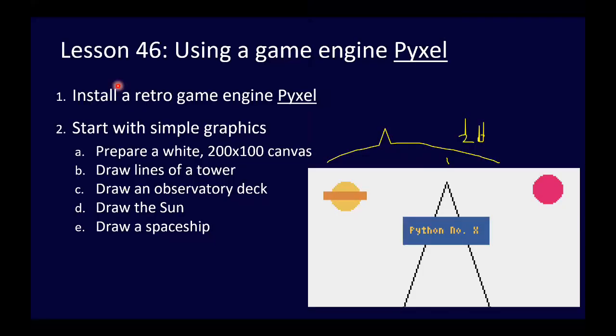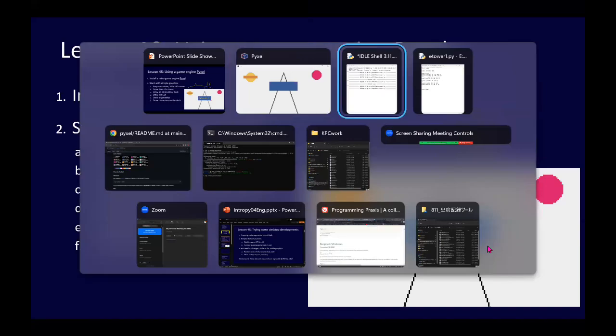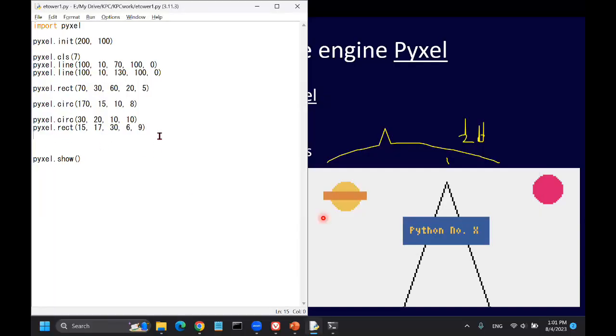Lastly, draw characters on the deck as this, Python NOX. Okay, just follow me. Here, okay, Pyxel text. Position is like 75. It should be in this deck. So 75, 97.